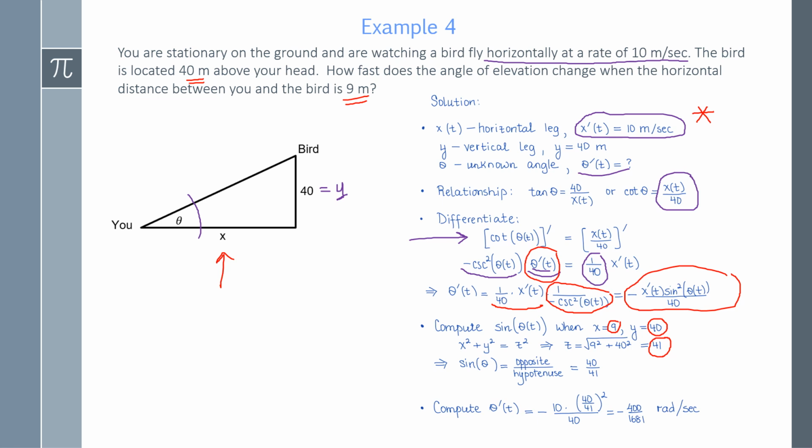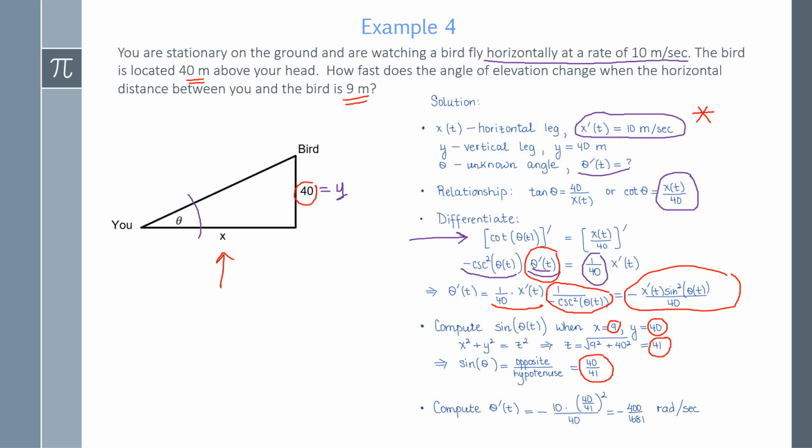We need it because that is how we compute sine of theta. We know that sine of theta would be the opposite side divided by the hypotenuse. So what is the opposite side? It is 40. The hypotenuse is 41, so that's where this number comes from. And now we have all components that we need to evaluate that expression.